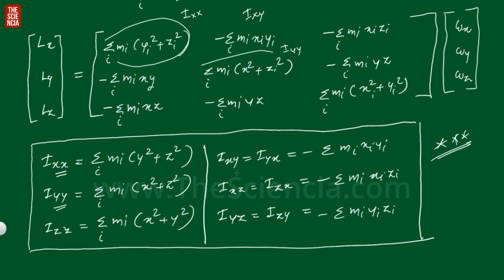In the case of cross terms, like Ixy, you can see the x term and y term, and for xz, there is an x term and a z term. So if it is xz, xy or yz, then those terms will be there in the equation also. Okay, so I think this is sufficient to memorize these equations.